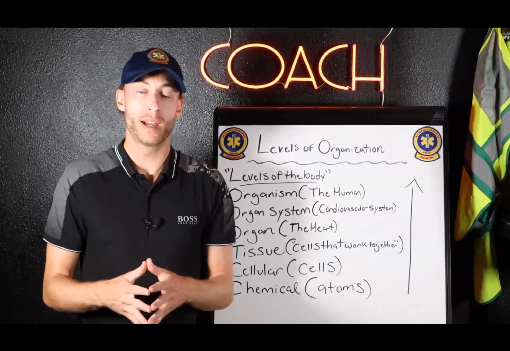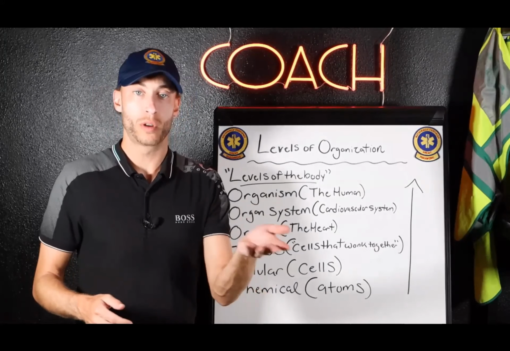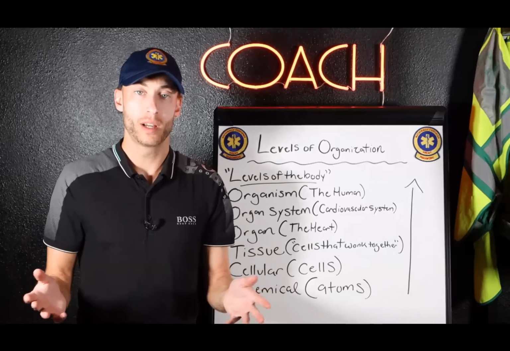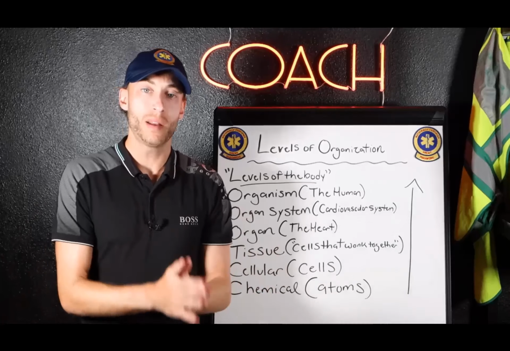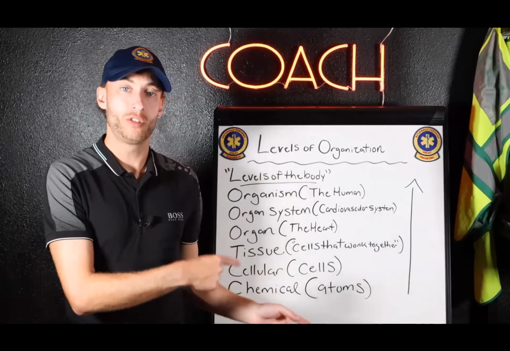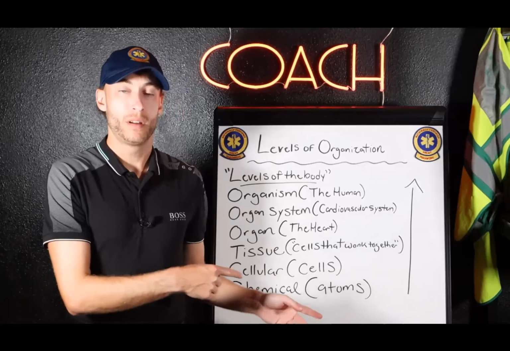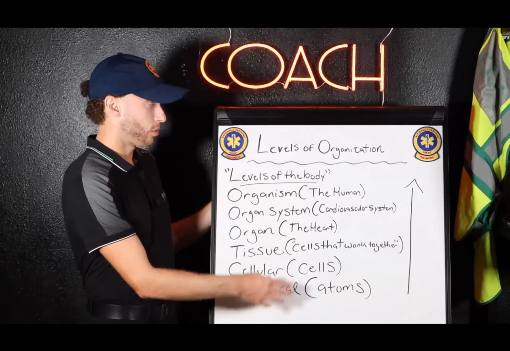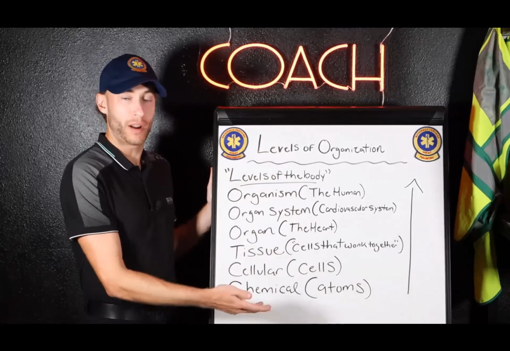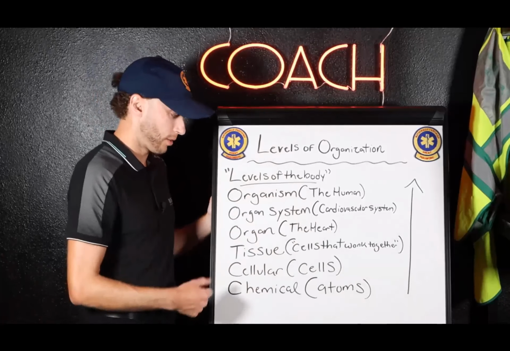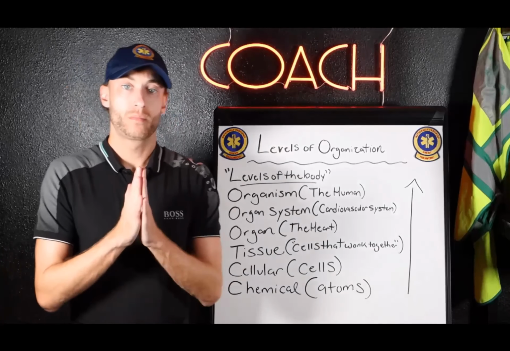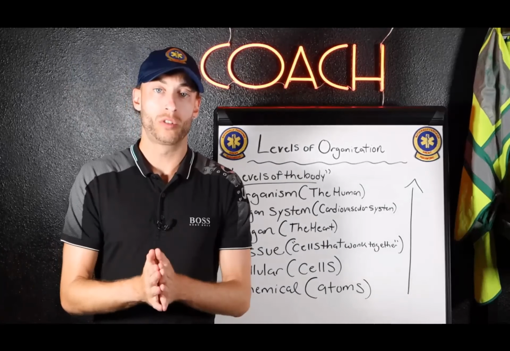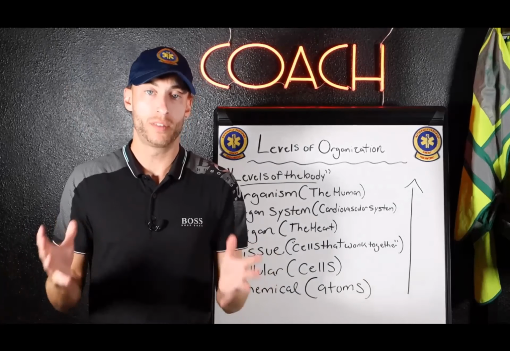If you're playing a video game, there's level 1, level 2, level 3, 4, and eventually it's the end. In anatomy and physiology, this is your beginning and end of that game. The levels of organization start down here and go up here. I'm going to break them down for you and have some pearls for you to remember. You're going to see throughout the course of this video series on anatomy and physiology.